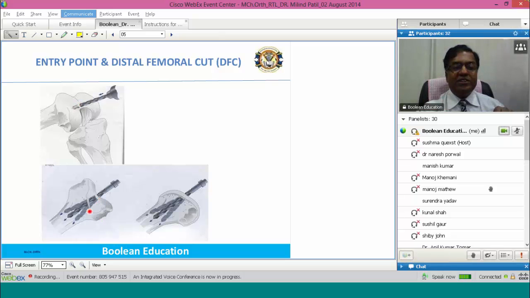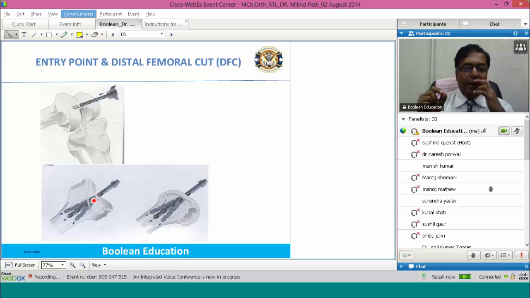See the AP X-ray, see what is the width of the bone at 2 points, just draw a line from that. So idea is you are going to enter from the center of the lower end of the femur into the center of the medullary canal going towards the piriformis fossa. This is the axis of the femur entry point.